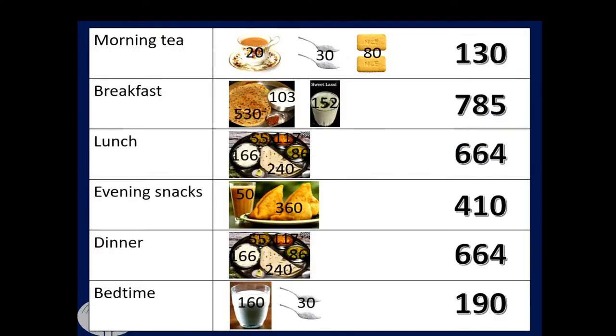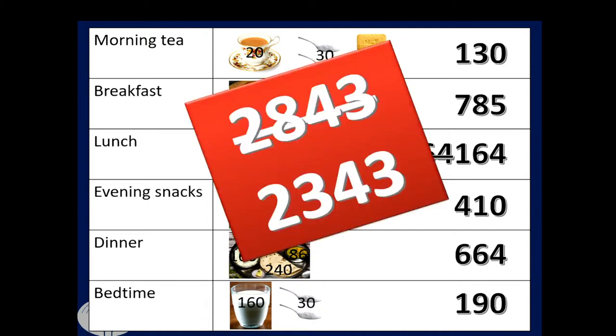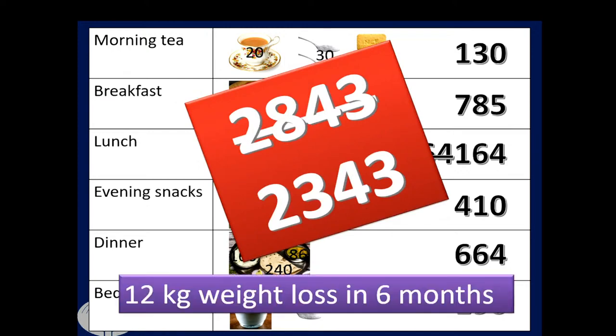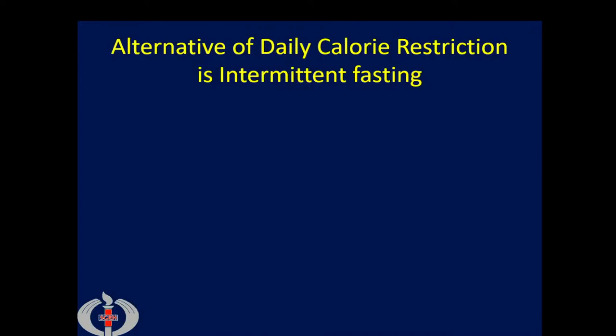So in the patient which I just mentioned, if instead of taking the normal lunch he was taking, he replaces it with a plate of salad, he would be consuming 500 kilocalories less than what he was consuming, and he would consume approximately 2300 calories, which would actually lead to weight loss in this patient. So we would be able to achieve 12 kg weight loss by just one simple change in his lunch.